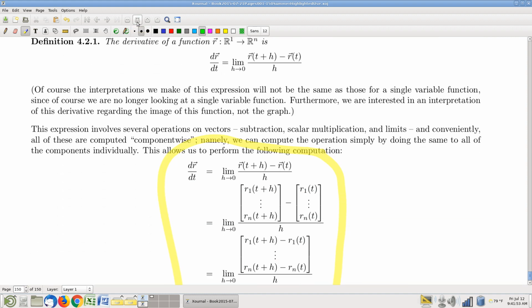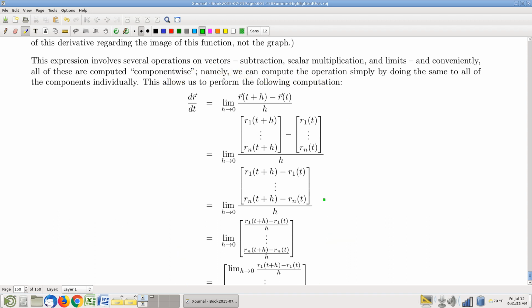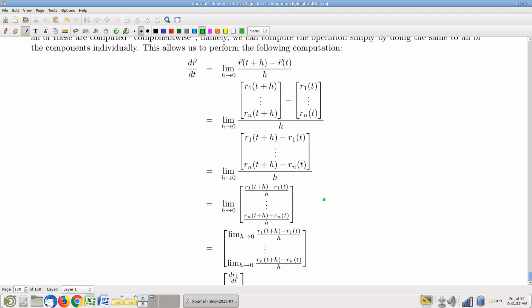The first observation I'm going to make is just about how it gets computed. Here's our definition of a derivative of a parametric curve we just wrote down. Let's break this process down one little step at a time. Here we are subtracting two vectors. Good news, vector subtraction is done component-wise. Just subtract the corresponding components. Okay.